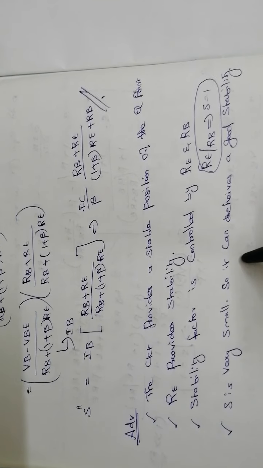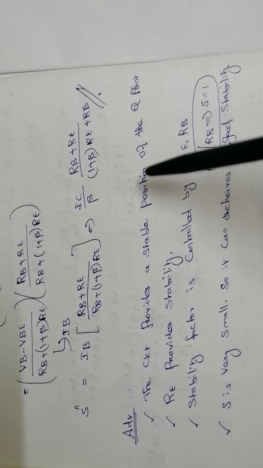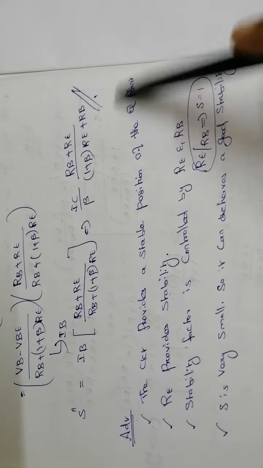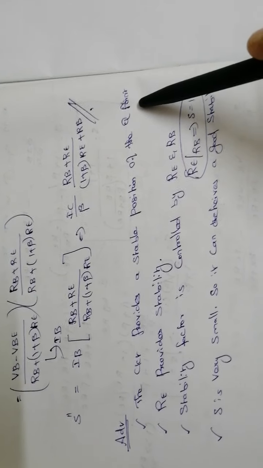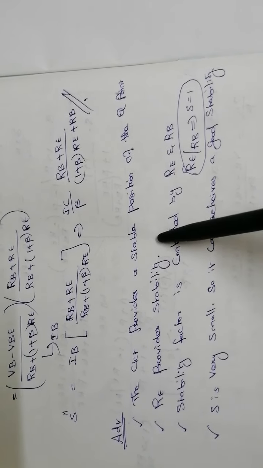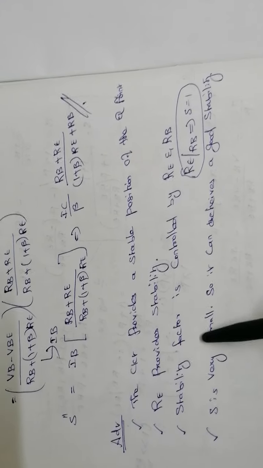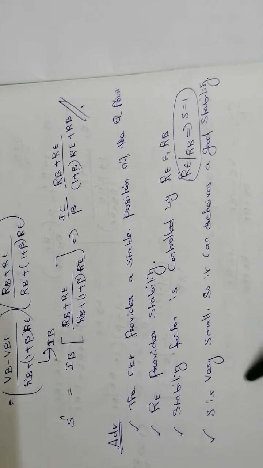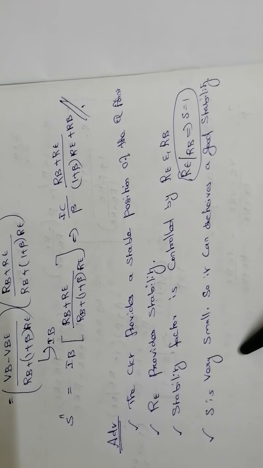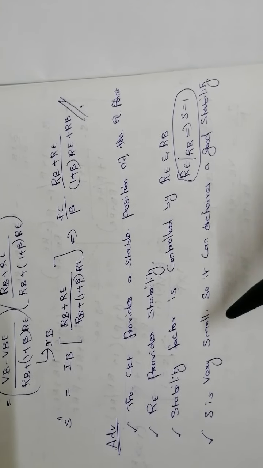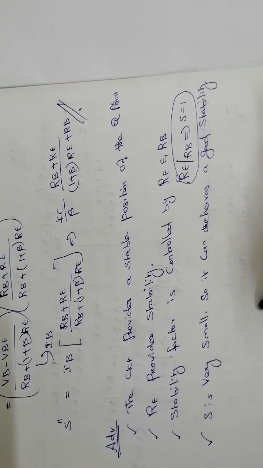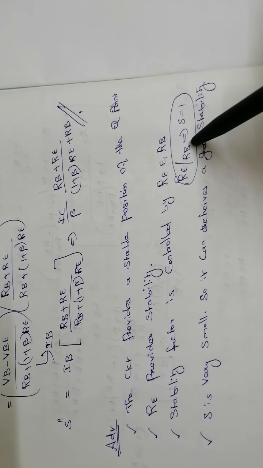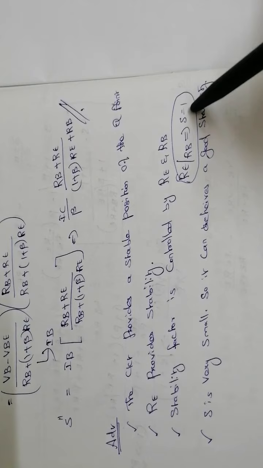So the advantage of this voltage divider bias circuit is that it provides a stable Q point. That is, the Q point becomes stable. Then RE provides the stability. The stability factor is controlled by RE and RB, because the stability factor in the voltage divider bias is equal to 1, which is controlled by RE and RB. If the value changes, the S value changes.